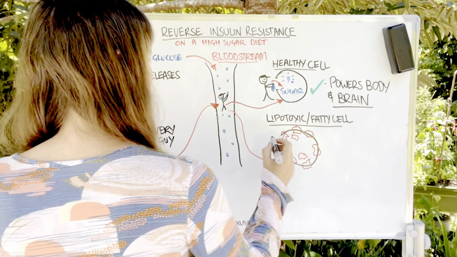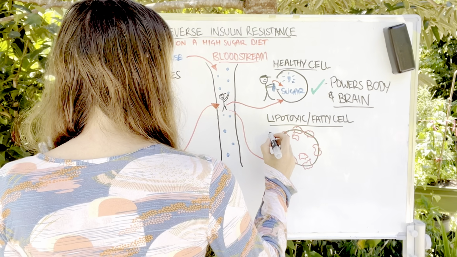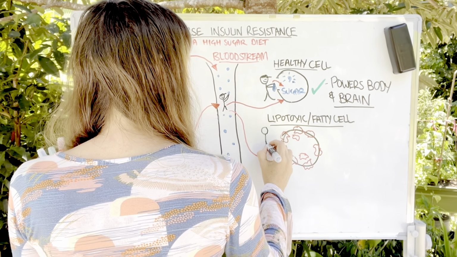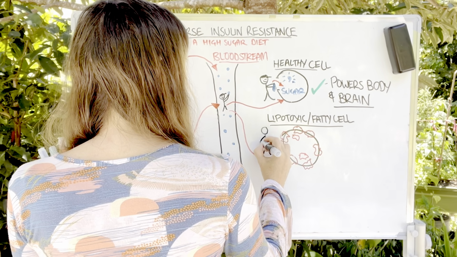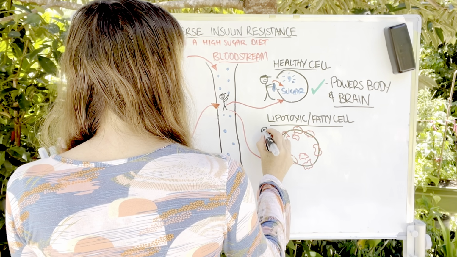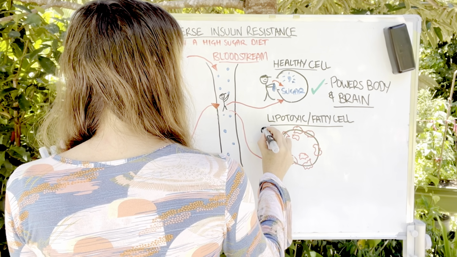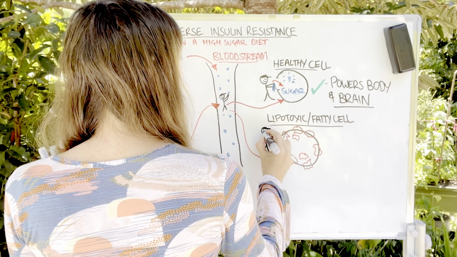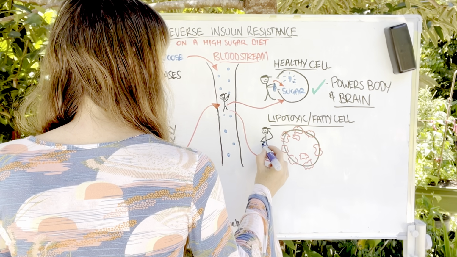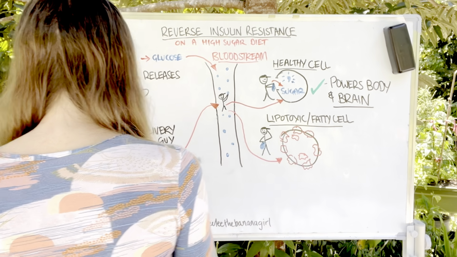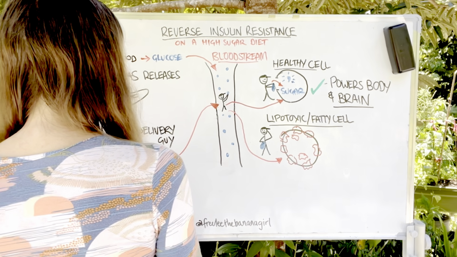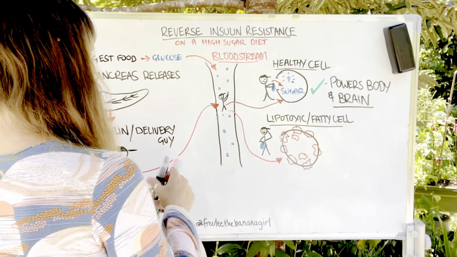Poor old insulin can't actually get into the cell. So insulin is basically just left outside, confused, not knowing what to do. I got your sugar delivery, why are you not letting me in? There's a bag of sugar. I got your sugar, knock knock, but the cell cannot open and accept the sugar delivery.